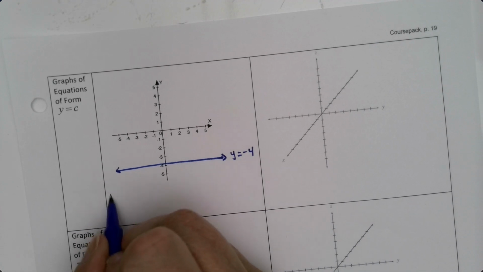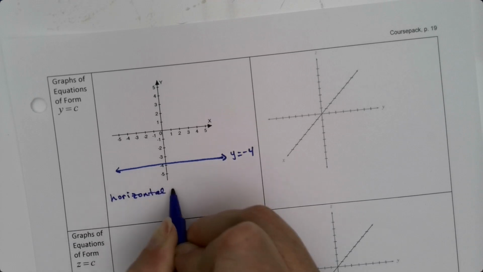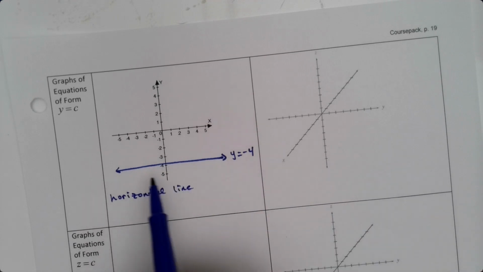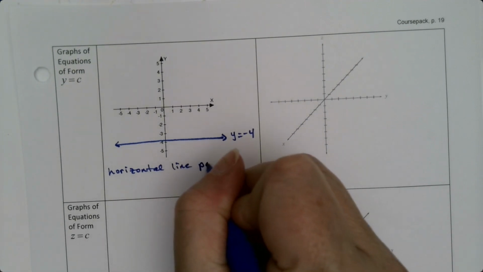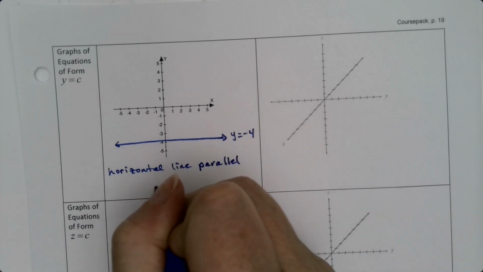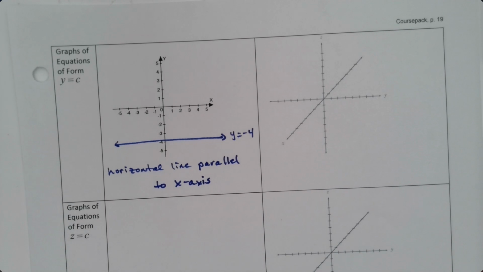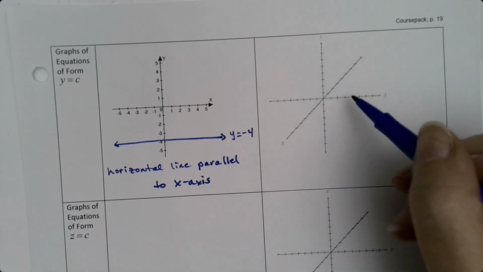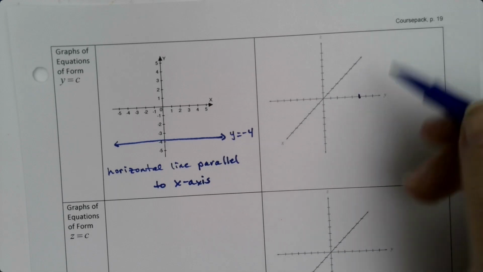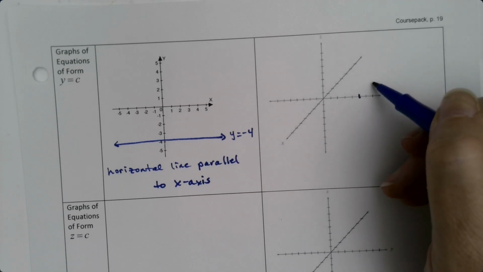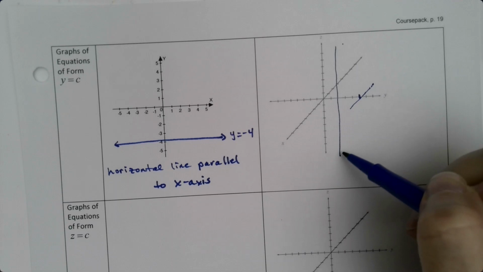This is a horizontal line because in 2 dimensions we definitely know which one's up and which one's down. So parallel to the x-axis. Okay, now if I do y equals 5 here, I would have this plane right here, and it goes like this.